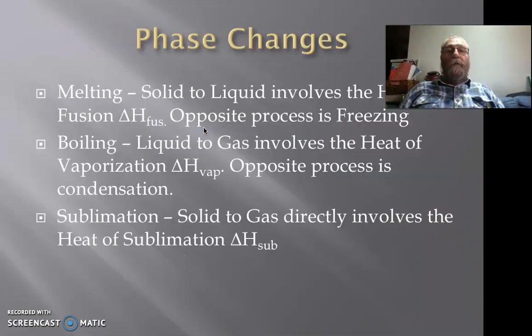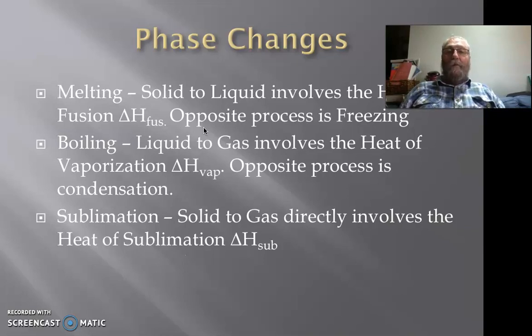Okay, now the next part of this is the idea of phase changes from solid to liquid to gas. When we move from solid to liquid, it's called melting, and the heat involved is called the heat of fusion, delta H fus. Boiling, when we move from a liquid to a gas, is the heat of vaporization.